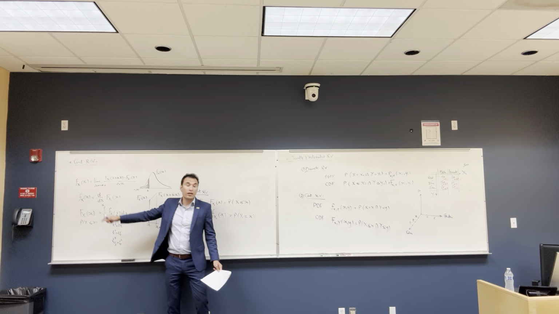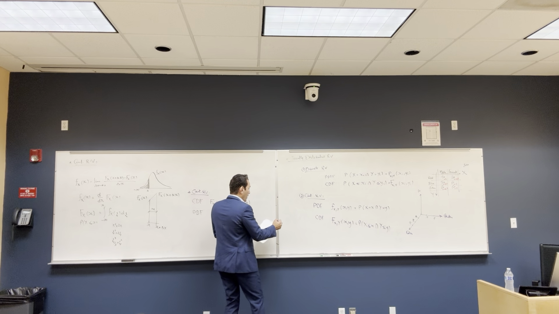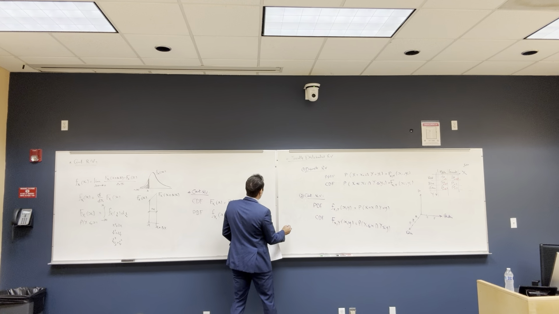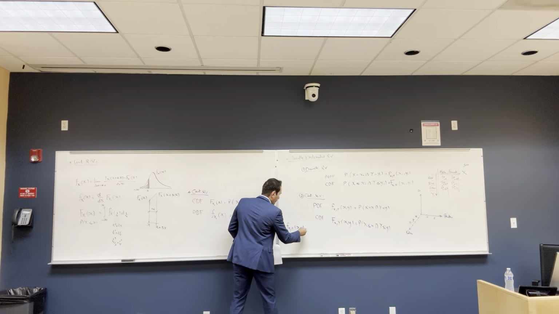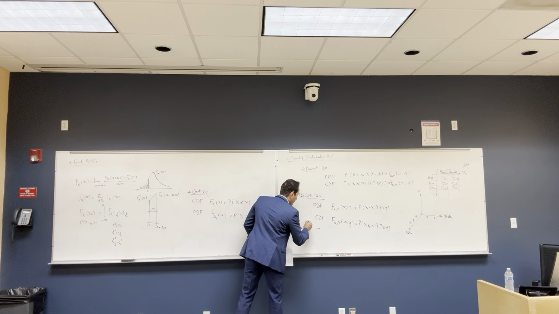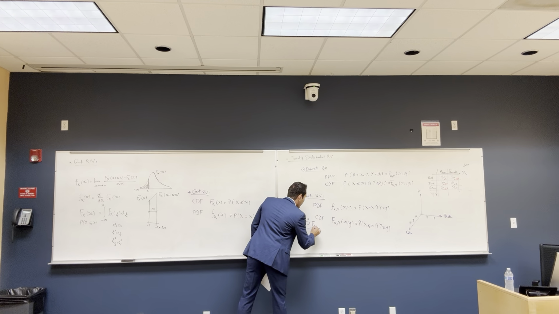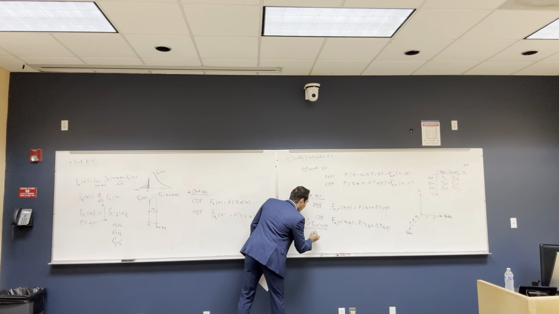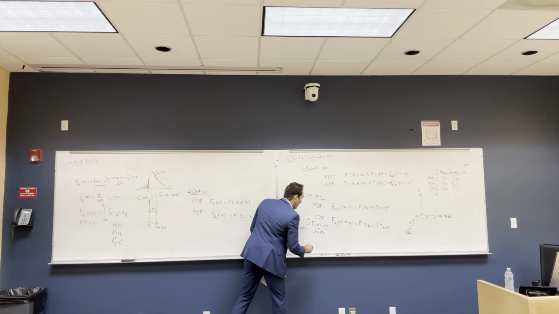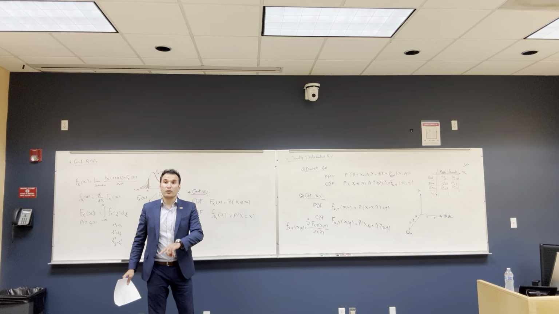So I have to differentiate twice. So f of x, y is going to be equal to the second derivative of capital F of x and y over partial x partial y. So I have to do partial differentiation with respect to x and y.